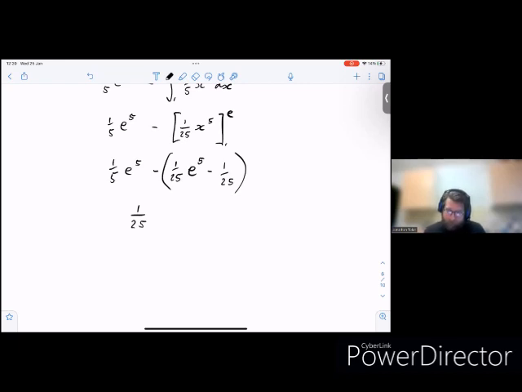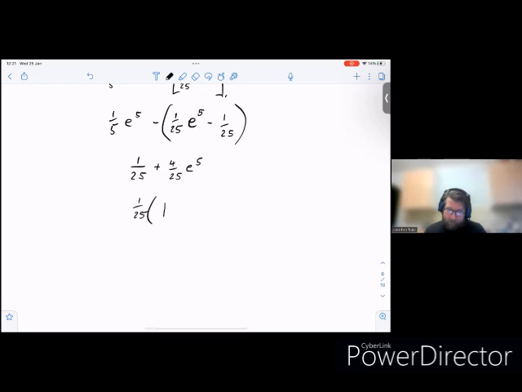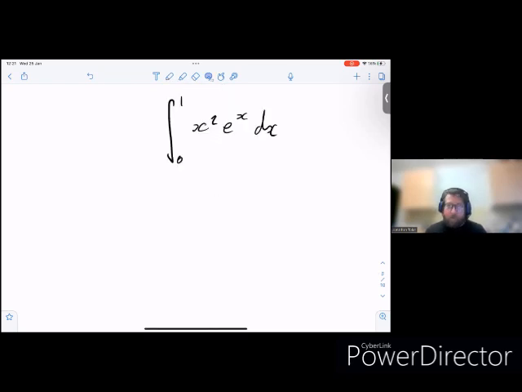So we've got 5 25ths minus 1 25th, so that becomes 4 25ths e to the 5. And we could just take out 1 over 25 as a common factor there. Okay, next.